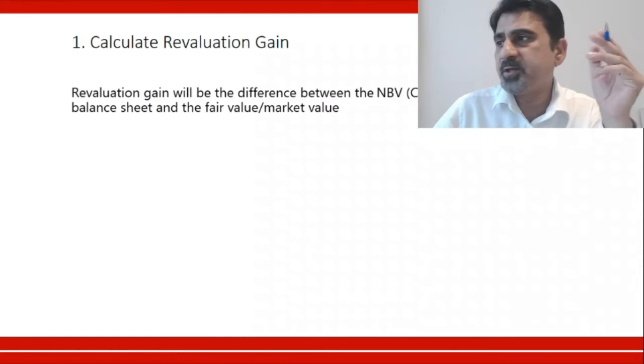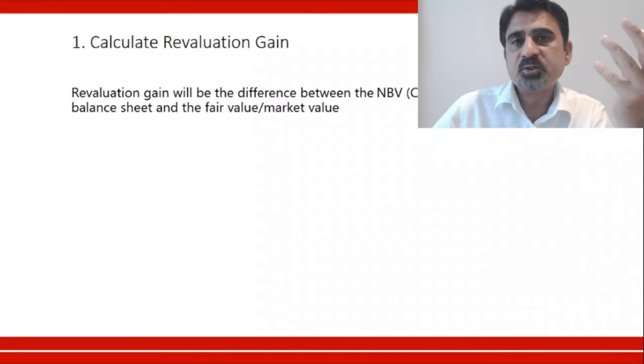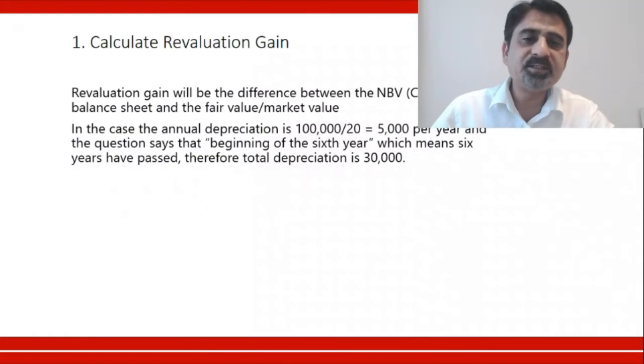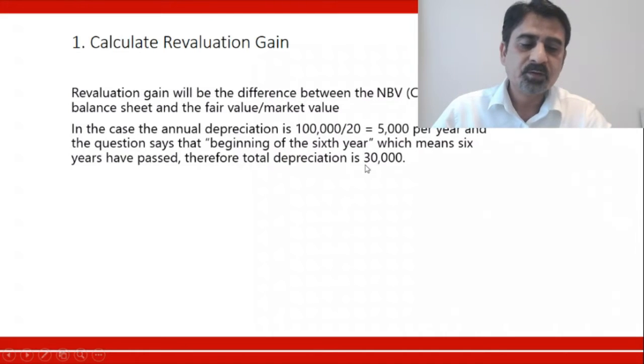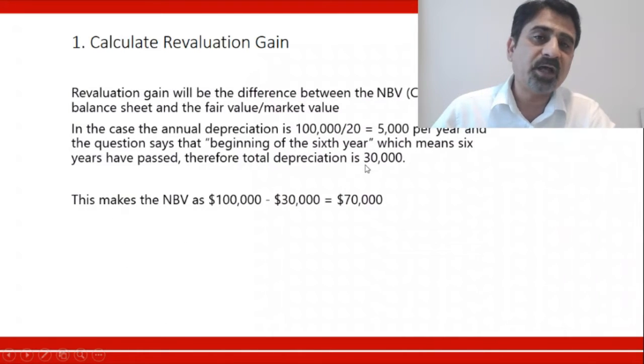So you need to calculate 6 years depreciation. 6-year depreciation was 6 times 5,000, 30,000. So our depreciation is 30,000 for the period of 6 years. So it means that your net book value is 70,000.